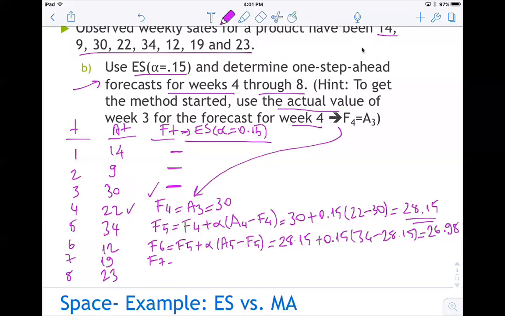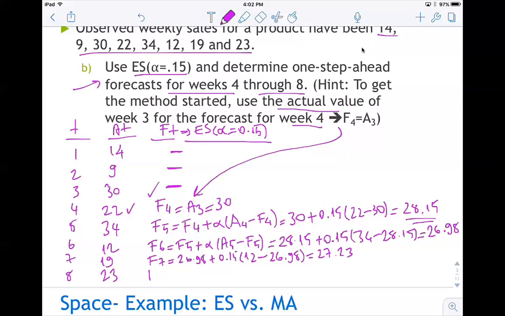F7. This time I'm not going to copy the formula, I will just plug in the numbers. F7 would be 26.98 plus 0.15 times 12 minus 26.98, and that should be 27.23.